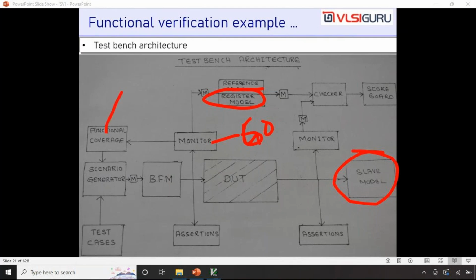Biggest coverage we might have coded is around 70 lines. The biggest BFM we might have coded is 50 lines. So hardly we are talking about around 500 lines of test bench code. People get so much confused, they don't learn. Basic fundamental understanding you have to remember. It's very easy actually.